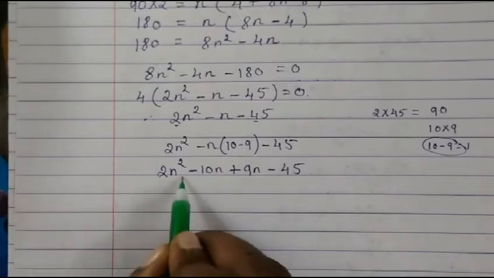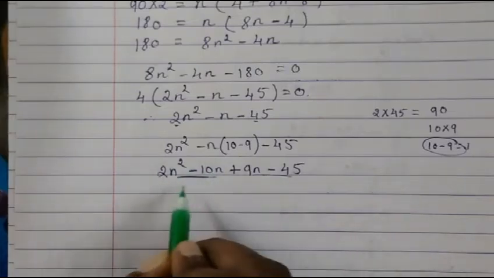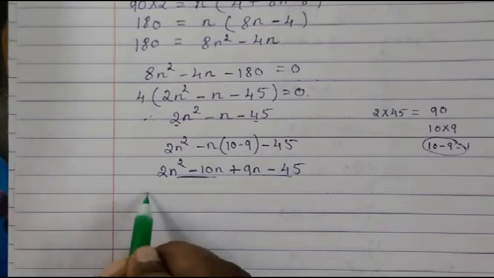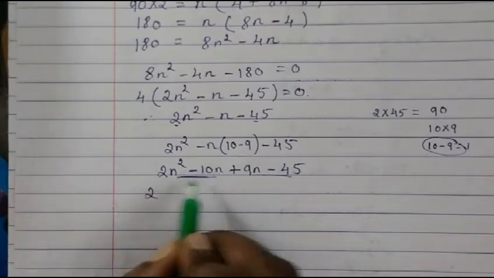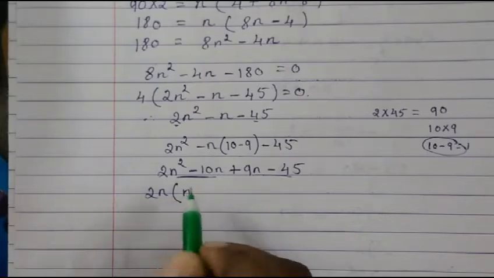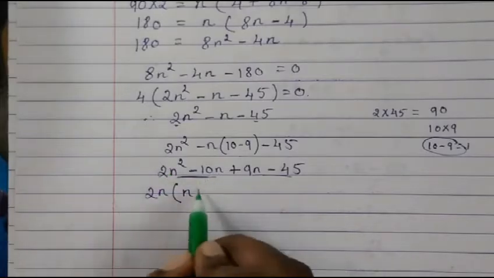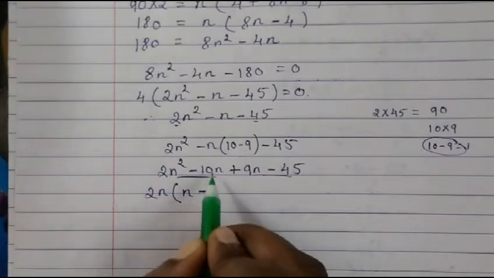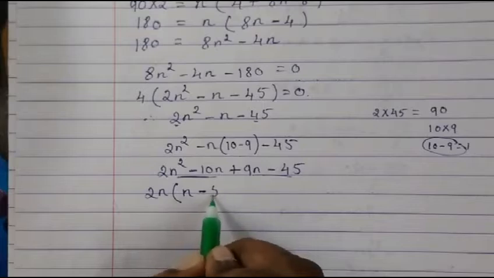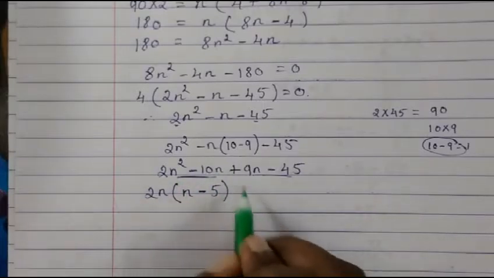Okay, so now let's take something common from here. So here which one will we take common? So 2 comes out, here also n, here also n, so n out. So then we will get here 2n into n will give us 2n square, then minus 5 times 2 will give us 10. So n is already out.